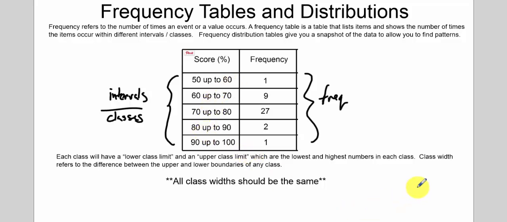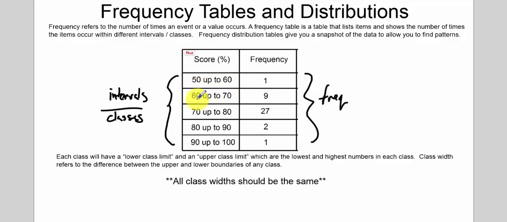And the class width is how much from this lower limit to that upper limit. And basically what you'd have to do is count. So if you count the number 50 all the way up to 59, there's 10, but then there's all of these decimals. So this is not super easy to give a class interval because you've got the 0.99999 situation.